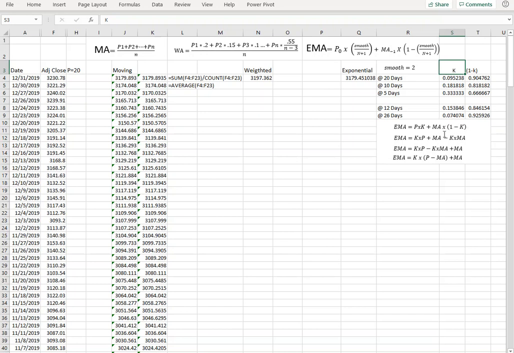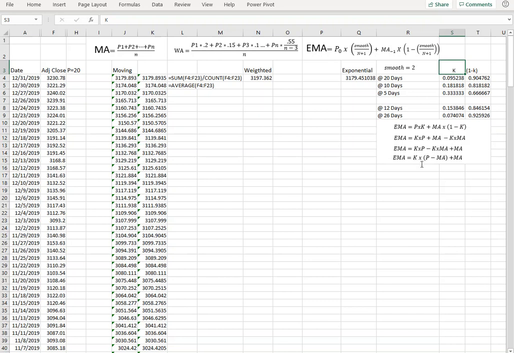So all we're doing is expanding out MA times 1 minus K. We now are left with K times P plus MA minus K times MA. Well, what you should notice right away is now we have K times P and K times MA, so we can rearrange. Now we have K times P minus K times MA plus MA. We can now simplify this portion right here.